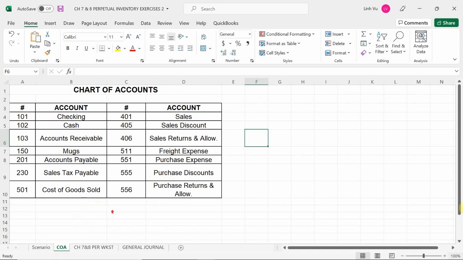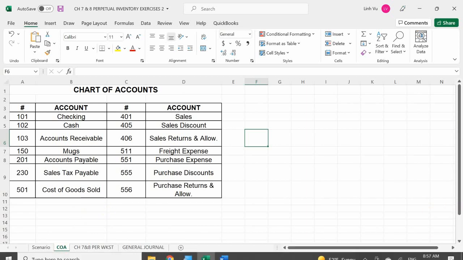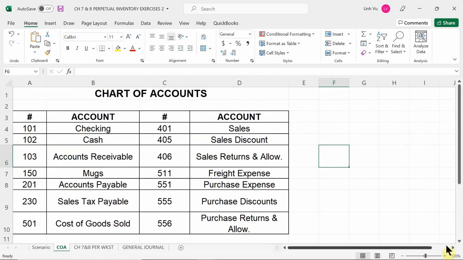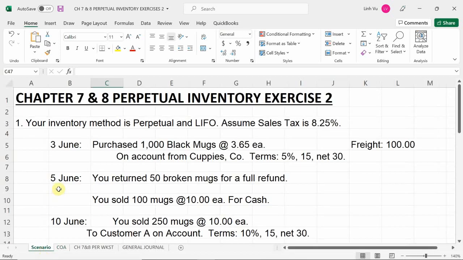So here's your chart of accounts. If I purchased 1,000 black mugs, and the freight is going to be $100, and I placed it on account, what should my journal look like? Just inventory and on account.